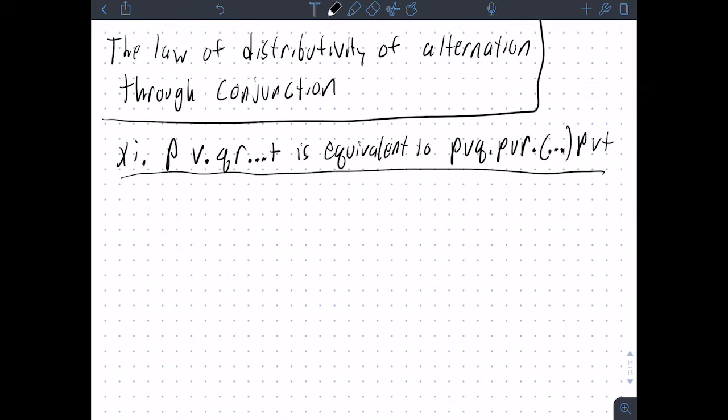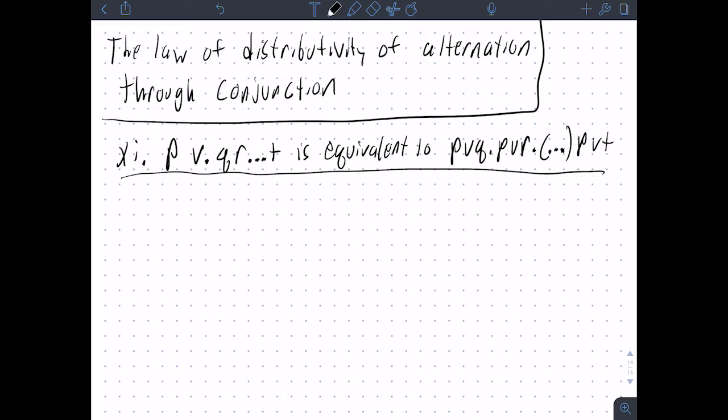Okay, this is our second distributivity law and the last equivalency rule that we need to know. If we have an alternation where one side is anything and the other side's a conjunction, we can distribute the alternation over the conjunction.